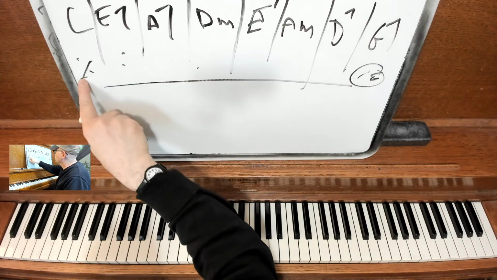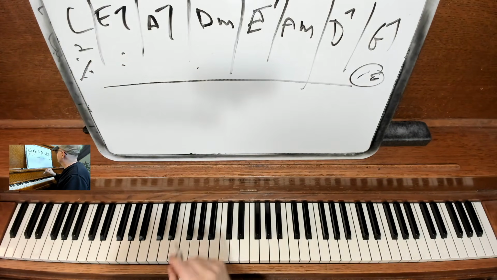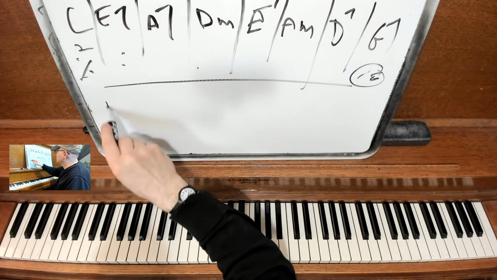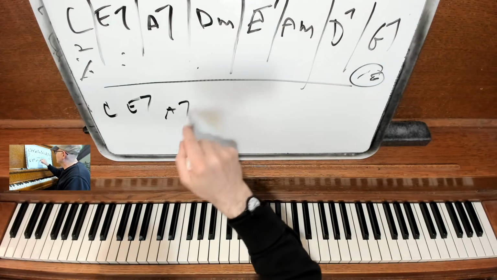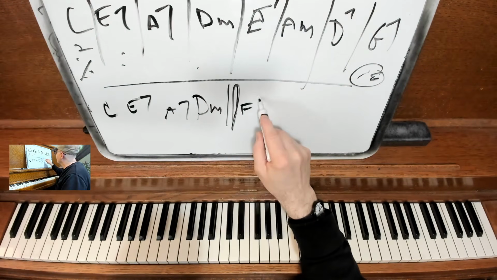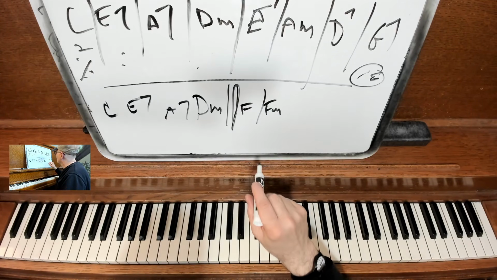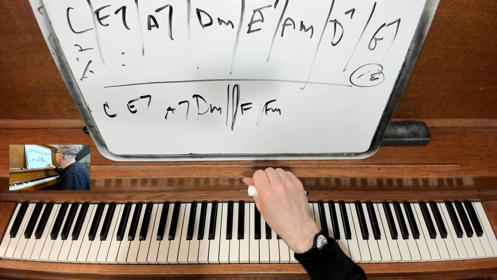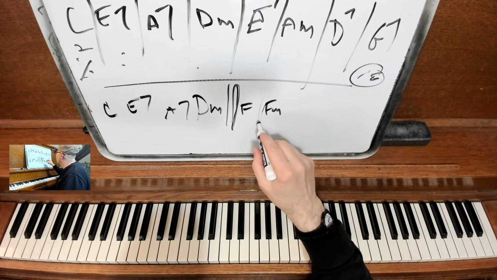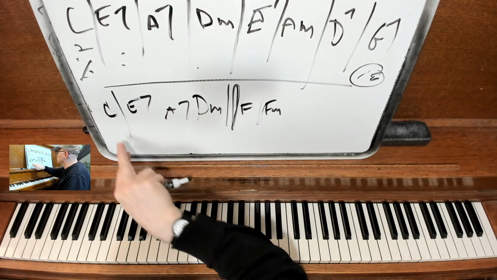And then, you know, this is a repeat sign. And if you do this, that means like two measures. And then same thing, C, E7, A7, D minor. And then you have F, F minor. I'm doing bar lines like this, but these are really two measures.